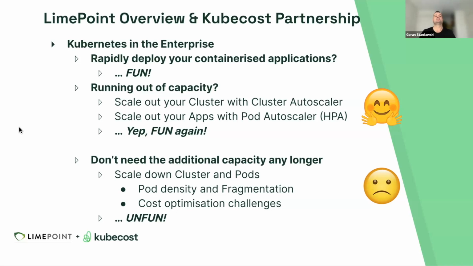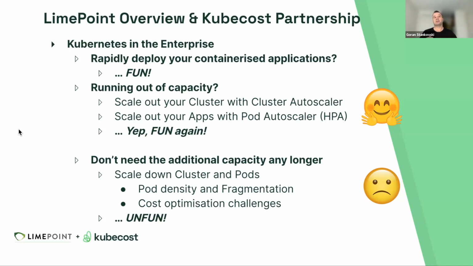Also super fun. But then on the flip side of that fun, what happens when we no longer need that capacity? Scaling down applications and associated pods certainly can be done with a pod autoscaler, but that results in some challenges. We start getting fragmentation. If we've scaled out our nodes to X amount during an autoscale function, scaling applications back down, you start getting pods being fragmented across these nodes.